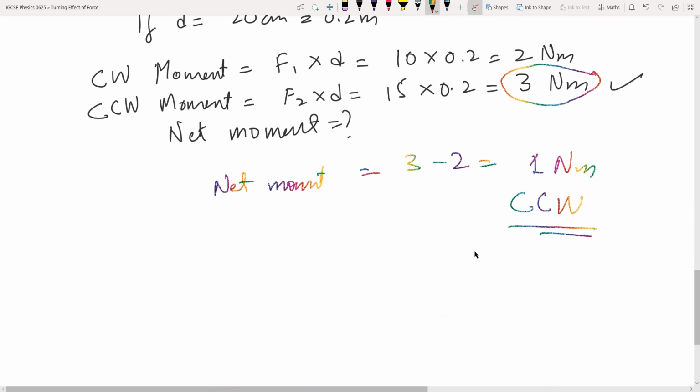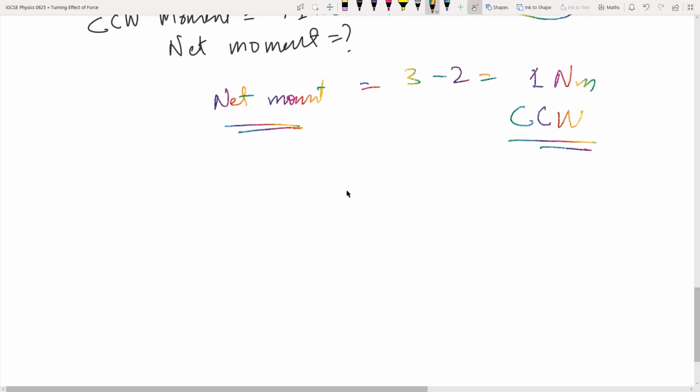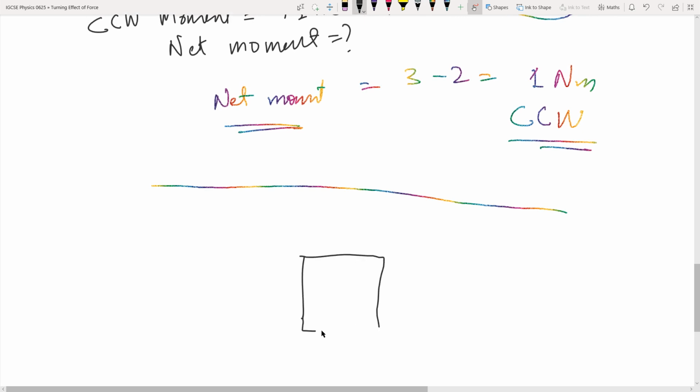So at times we have to identify the sum of these values. We also at times get another kind of question.